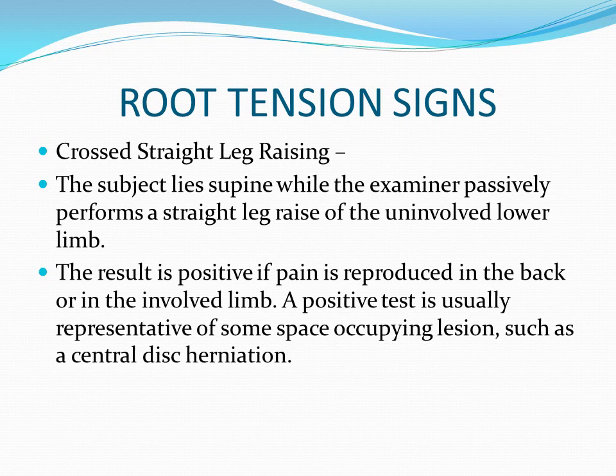And the result is positive if pain is reproduced in the back or in the involved limb. A positive test is usually representative of some space-occupying lesion, such as a central disc herniation. Again, in the event of a positive report of pain, you might expect to see some sort of reflexive action by the examinee, the purpose of which is to reduce the tension on the lumbar spine nerve roots.